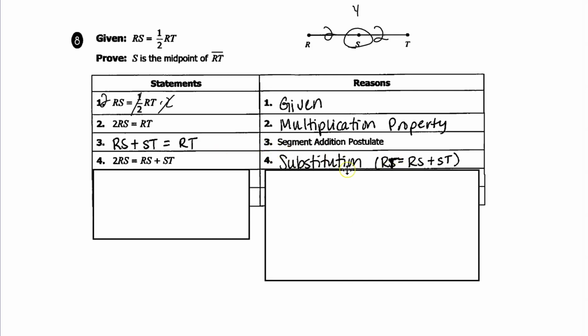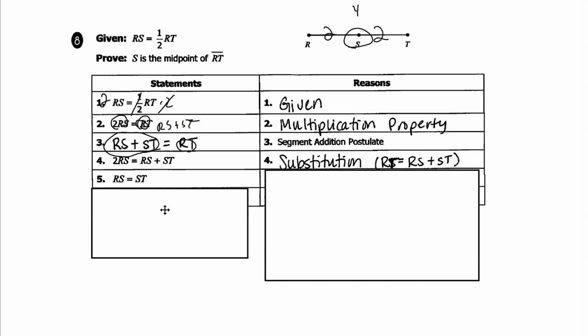Anyway, substitution, because what we're seeing here is that this right here equals this, correct? At the same time, we know that RT equals these two. So where RT is, you can put RS plus ST, and that's the substitution part.